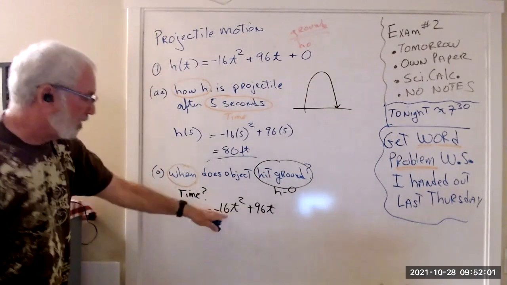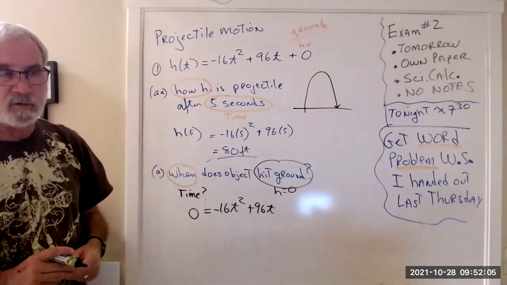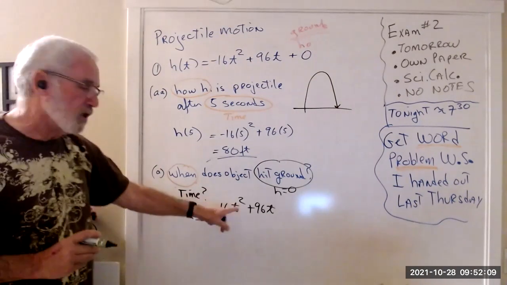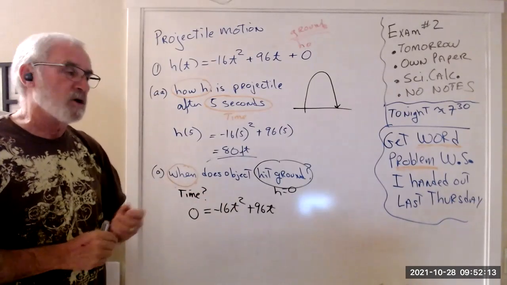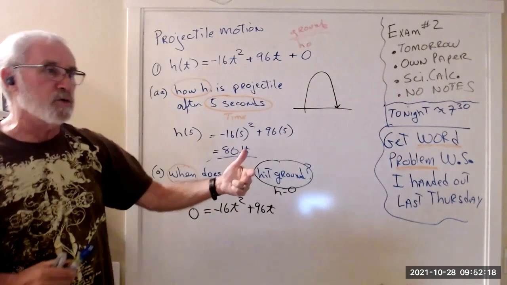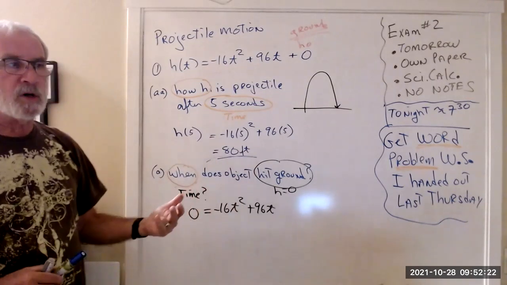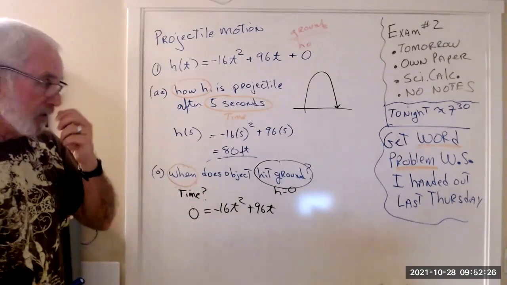Well, now check that problem out. That's a quadratic equation. It's a second degree equation, and we have about a gazillion ways to solve it. You can use factoring, completing the square, root property, the quad formula. You can use anything you want as long as you get it right and as long as it's mathematically correct.